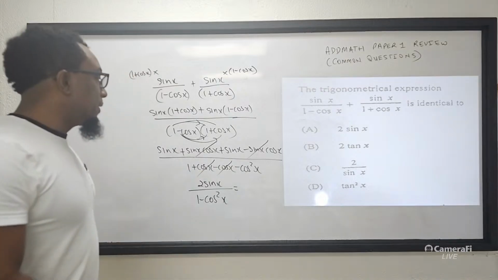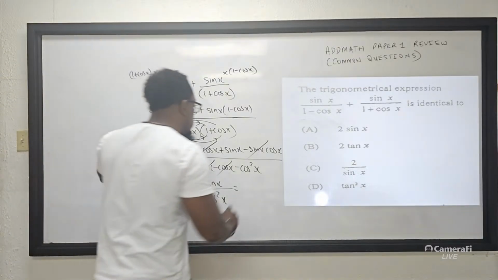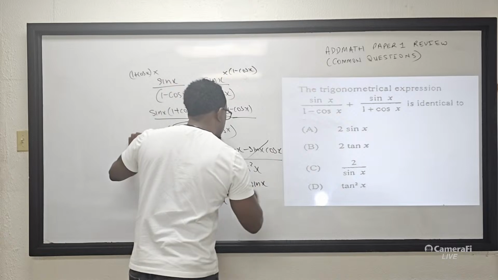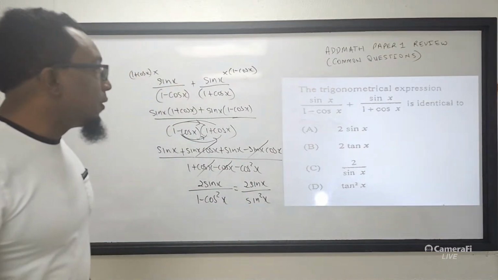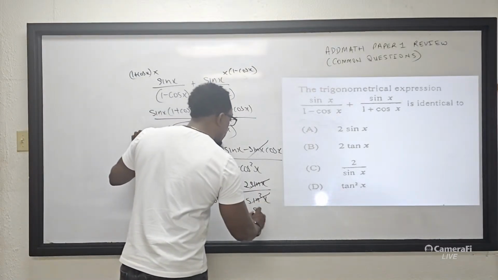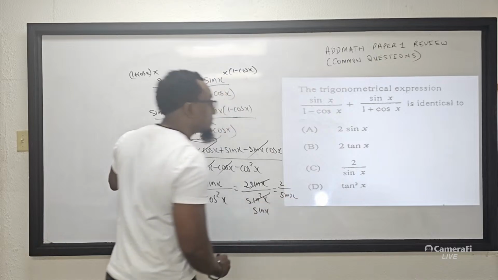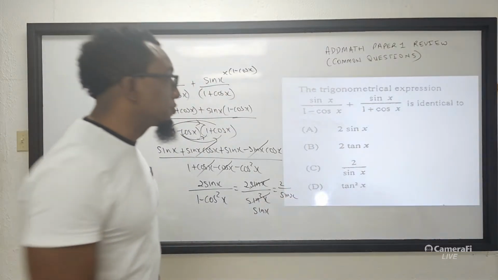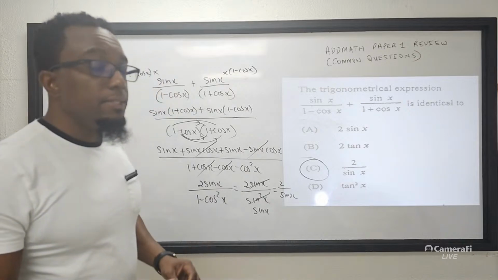And I hope we all know our trig identities, 1 minus cos squared x is the same as sine squared x. So 2 sine x all over sine squared x, and I can further simplify. Sine x into sine squared x is sine x. So I have 2 over sine x as my answer, which is C. So that's proven the identity.